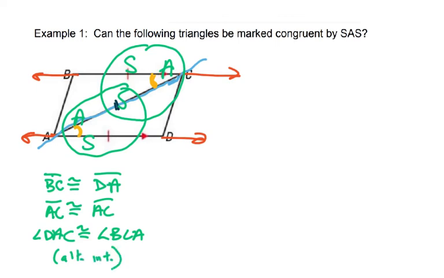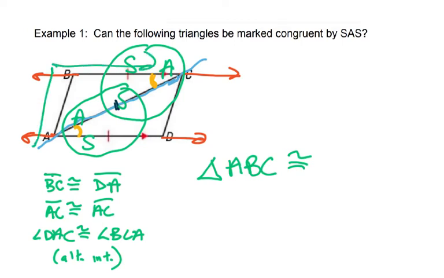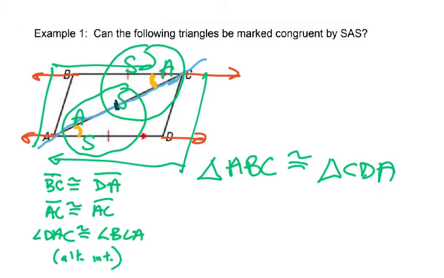So, knowing that I've got the side, the angle, and the side, I can say triangle ABC is congruent to triangle, okay, I went from A to B to C, so this one I need to go from C to D to A. Triangle CDA. Because we have to make sure that everything matches up every time. You've got to make sure all the letters match up appropriately.